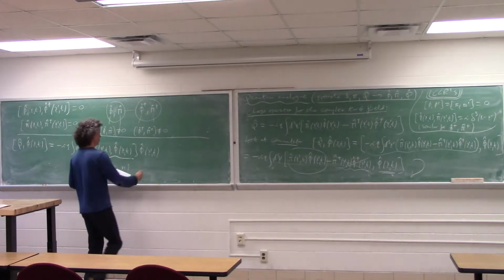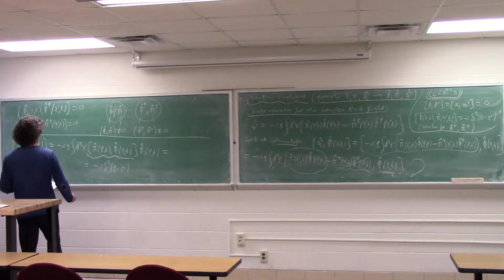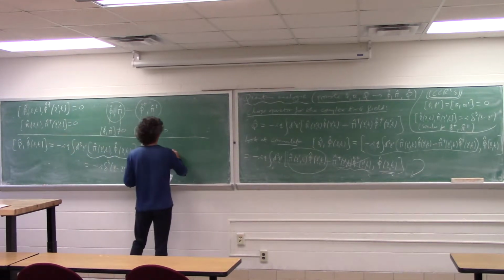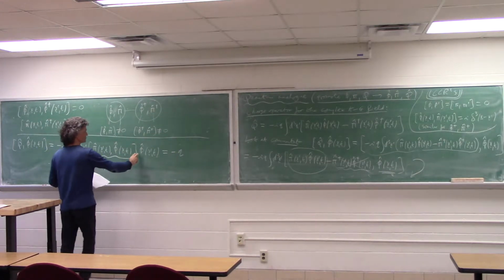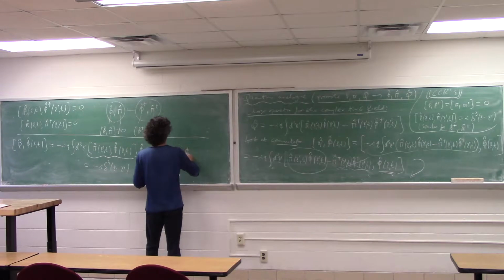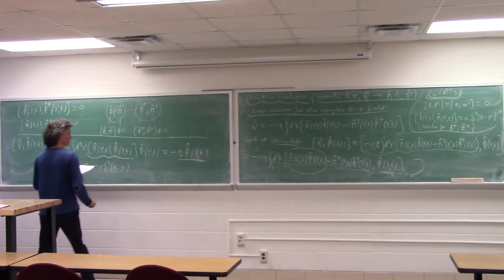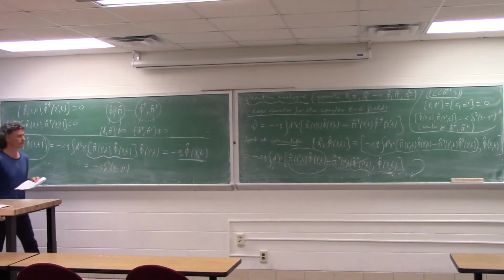So that's just a delta function, minus minus cancel, i squared is minus 1, so I get minus q, and the delta function just picks out phi hat at the point xt. So that is the value of this commutator.